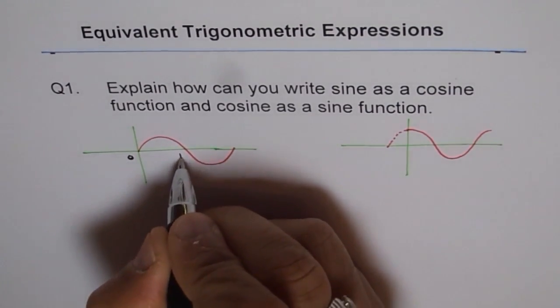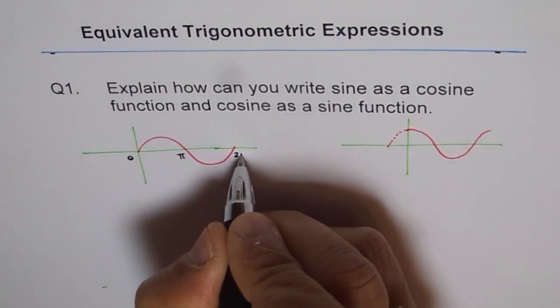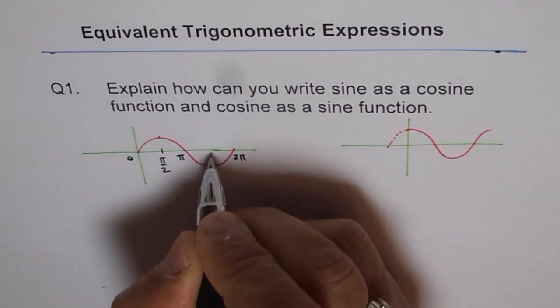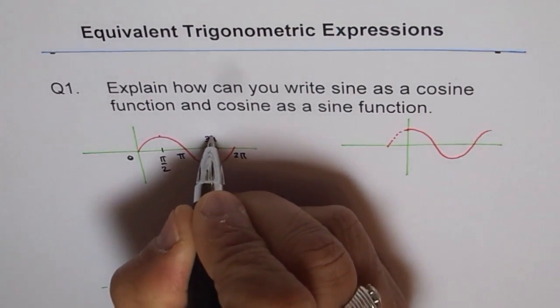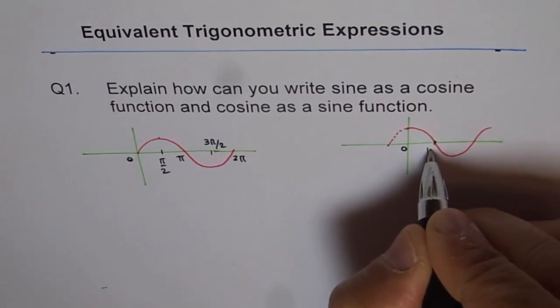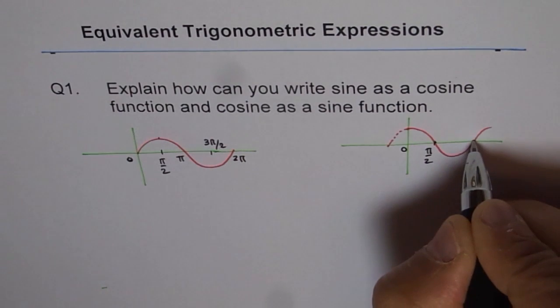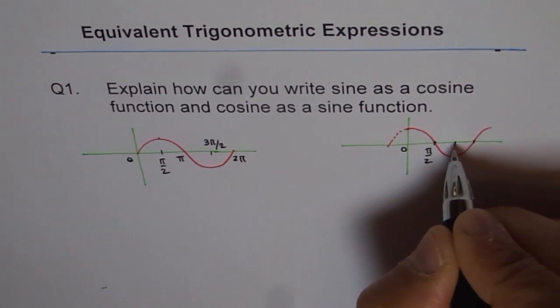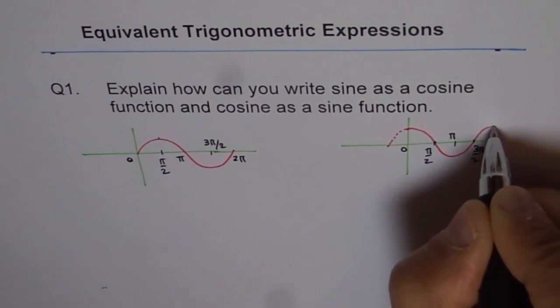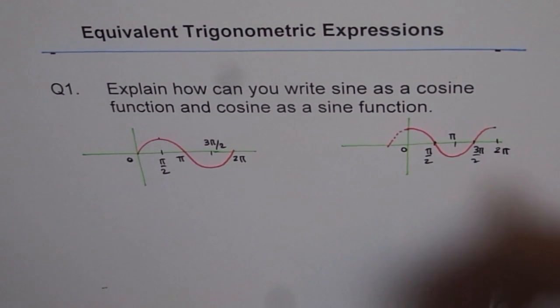This is 0, that is pi, and that is 2 pi, correct? And of course this becomes pi by 2, and this is 3 pi by 2. Similarly here, this is 0, this is pi by 2, this is pi here, 3 pi by 2, and that ends at 2 pi.